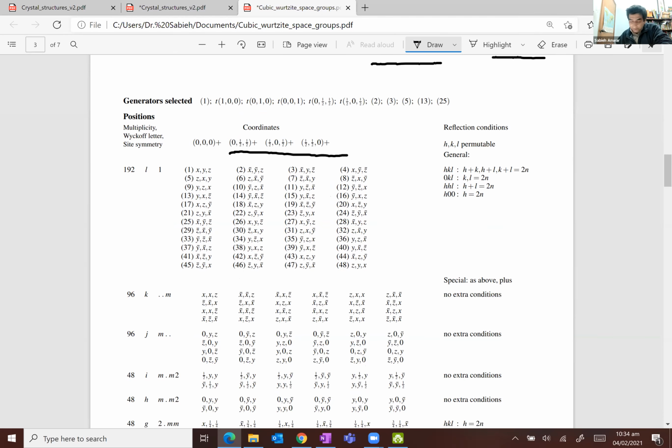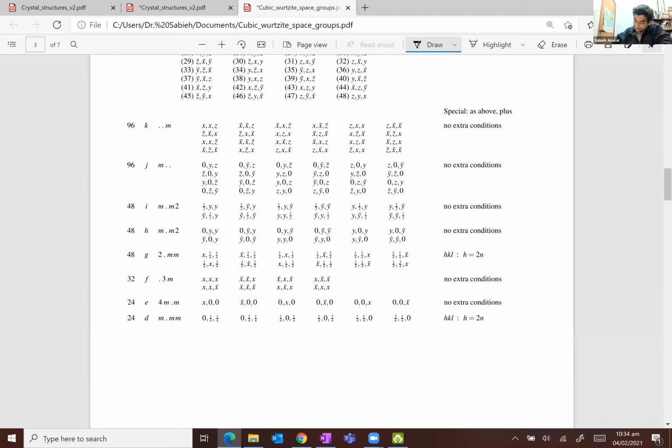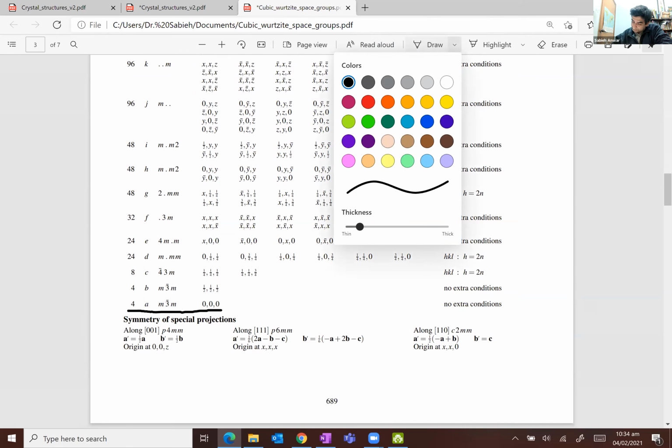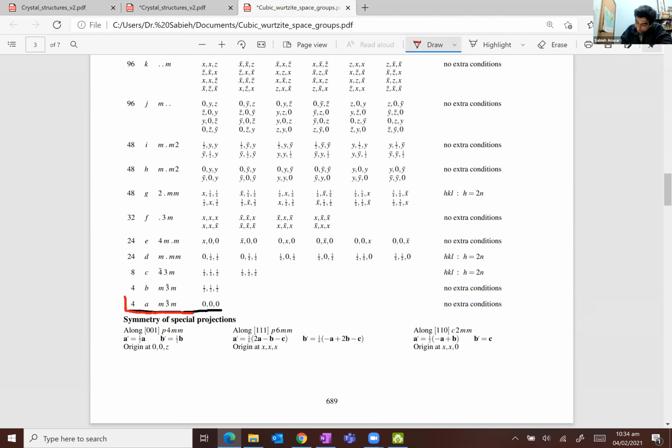Okay, now if we look at sodium chloride, let me change the color now. Sodium would have, say, sodium at 4a, and chlorine at 4b.